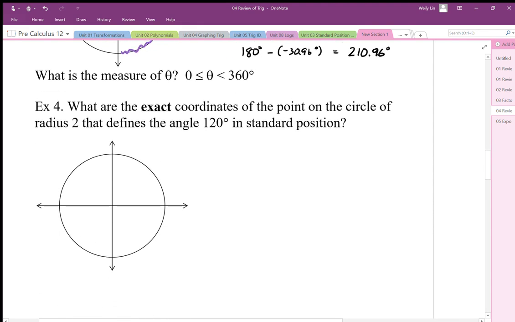Okay, so this question here relates to exact values, because when we see 120 degrees, that is a special angle. So 120 degrees lies right here in quadrant 2. And we make my reference triangle. This triangle is a special triangle.